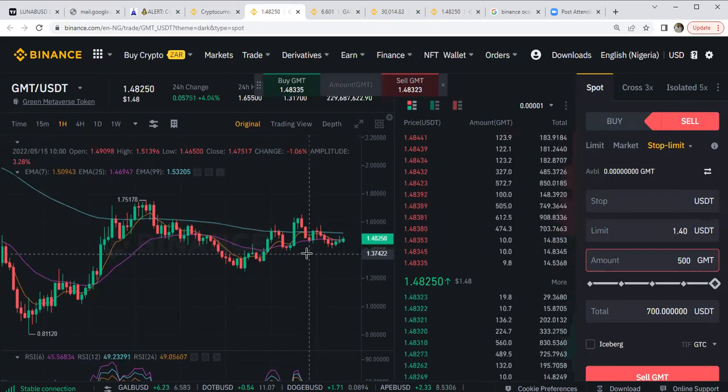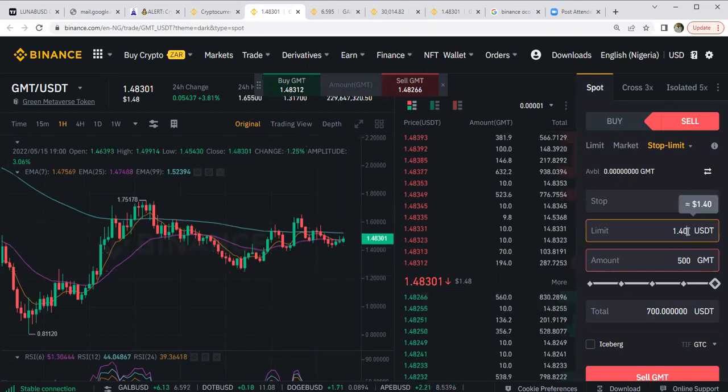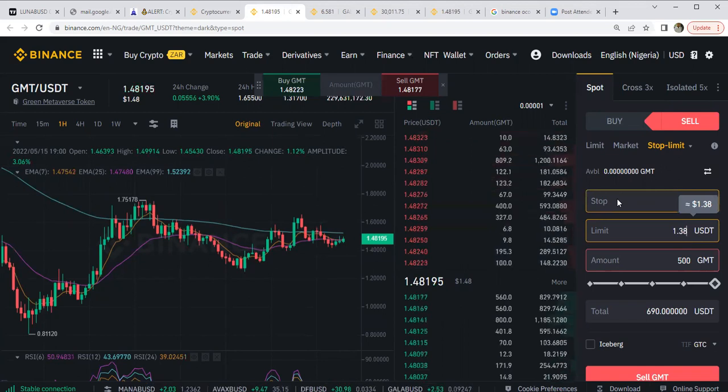It might close below here, 1.38. So if the price comes down to 1.38, you say, okay, here it's a stop.